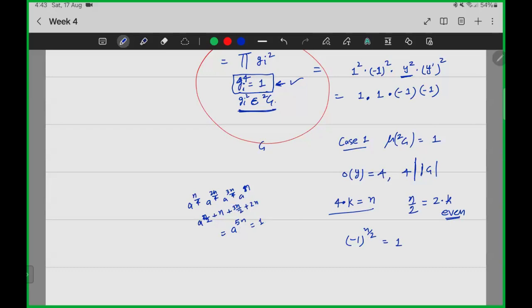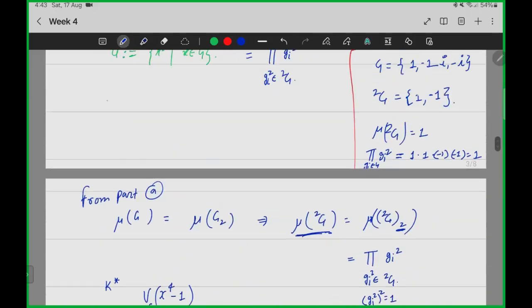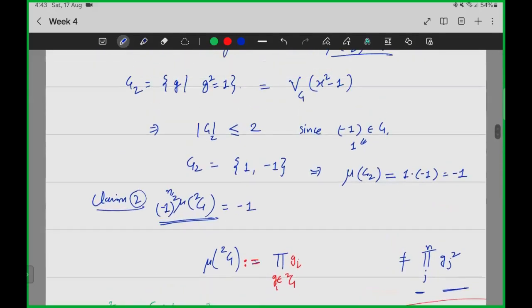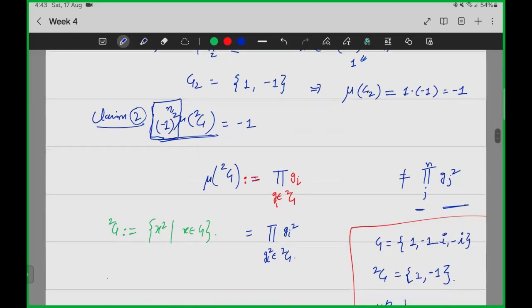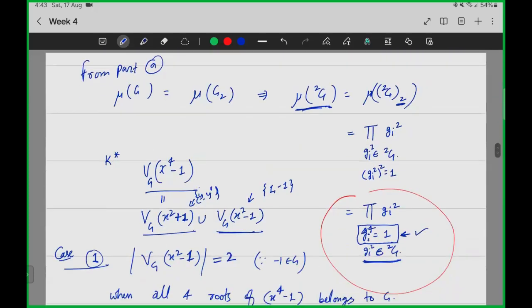Now, there is a little mistake, I think. Minus 1 to the power n by 2 also becomes 1 because n is even, right? Sorry, n is divisible by 4. Divisible by 4, yes. So, okay, we will see.